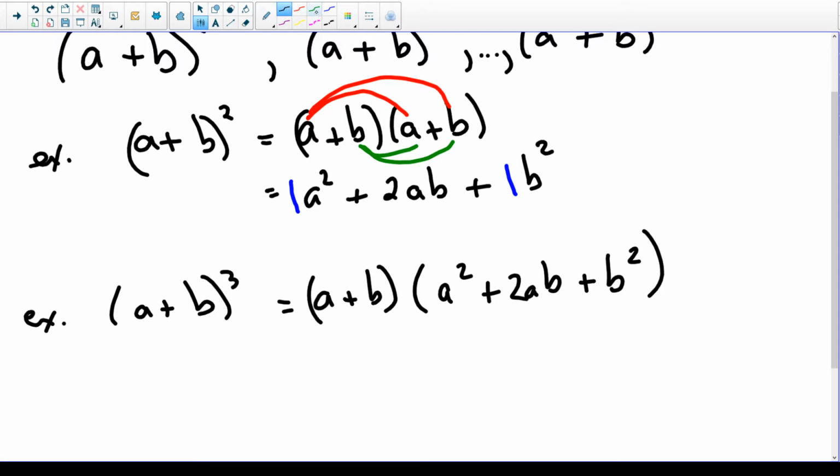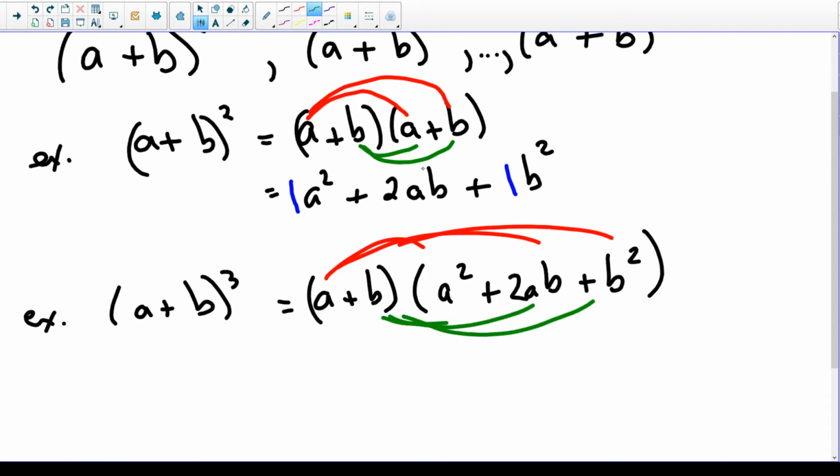And this is what I meant by FOIL doesn't work here anymore, because you don't have just 4 things multiplying. You have 2 things in this bracket and 3 things in this bracket. So this a has to multiply to all 3 of these, and this b has to multiply to all 3 of these. And that's why I kind of prefer the idea of multiple distributivity, because multiple distributivity works for any case. FOIL only works for a binomial times a binomial.